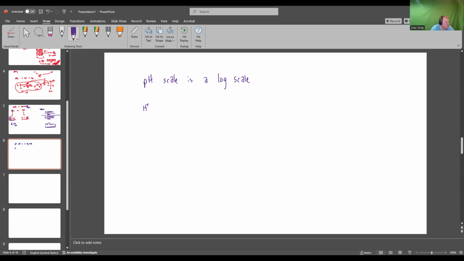These brackets indicate molar concentration. Say your solution had hydrogen ions with a concentration of 0.01 molar. We talked about molarity. That would mean you have 0.01 moles of hydrogen ions.